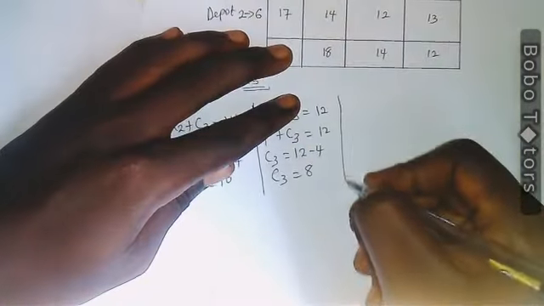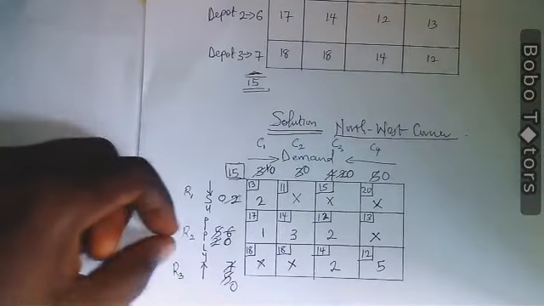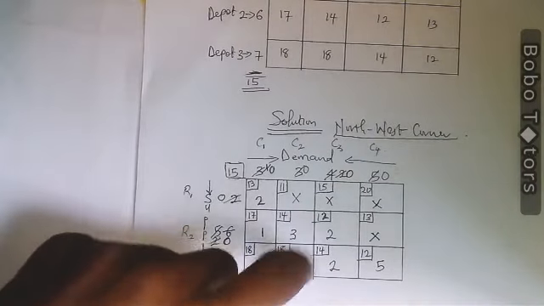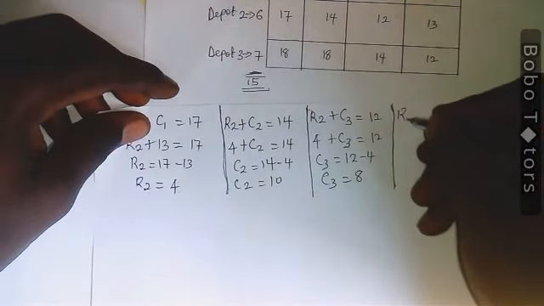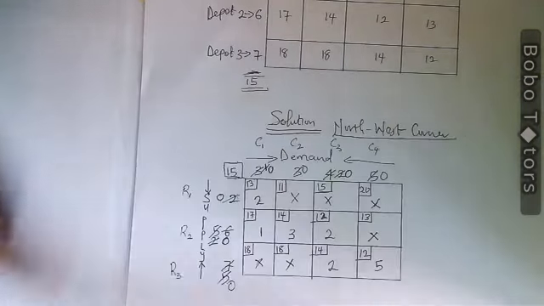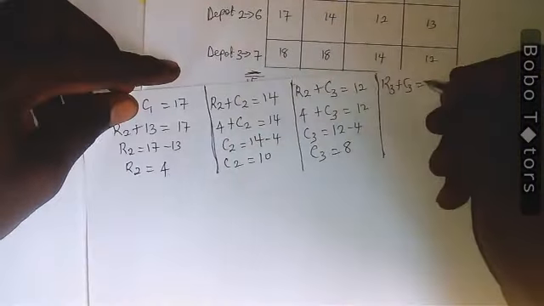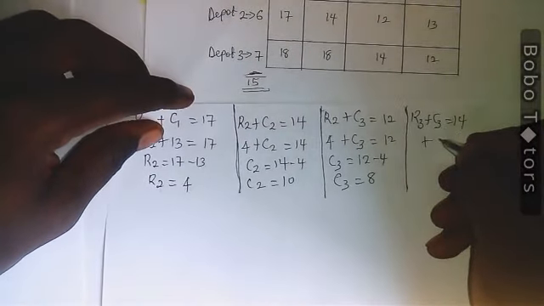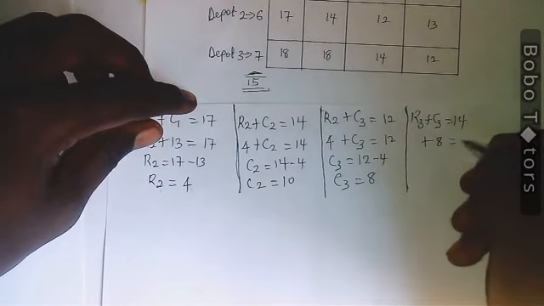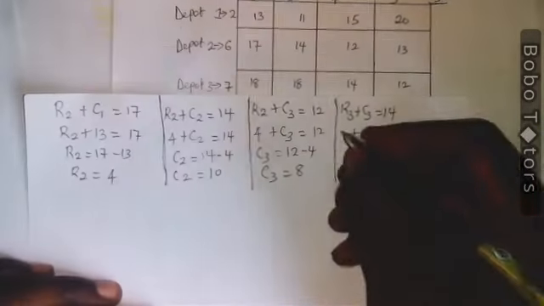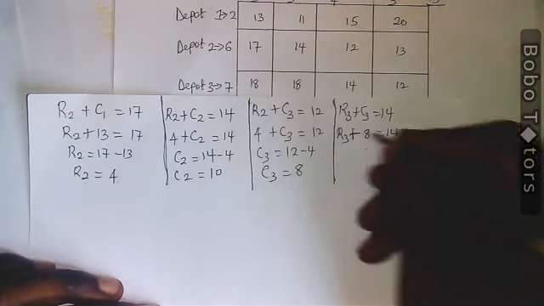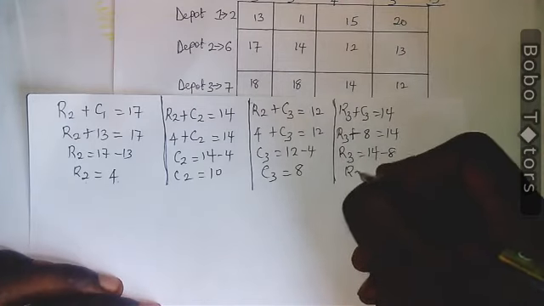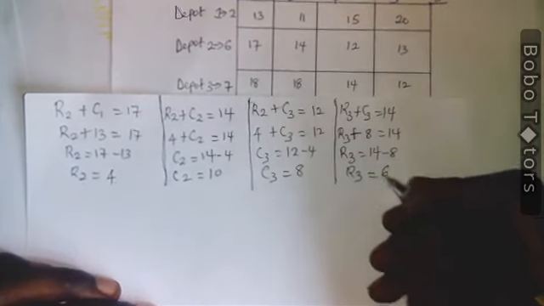Next one, row 3 column 3. Row 3 plus column 3 is equal to 14. Now my row 3, I don't know, but I know my column 3 to be 8. So row 3 is equal to 14 minus 8. Row 3 is equal to 6.